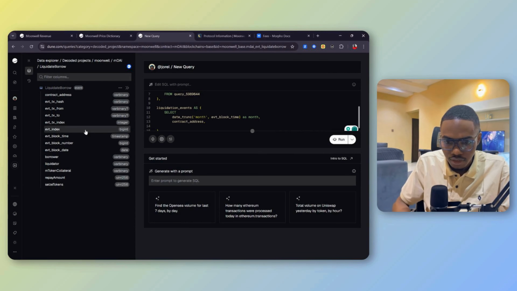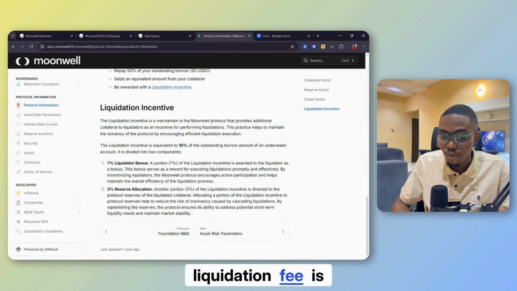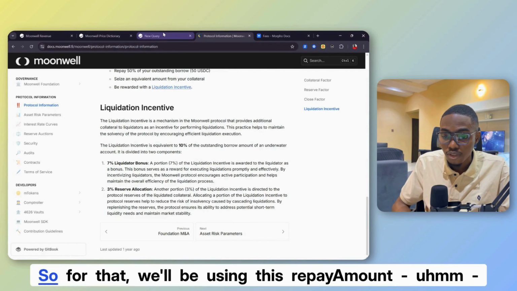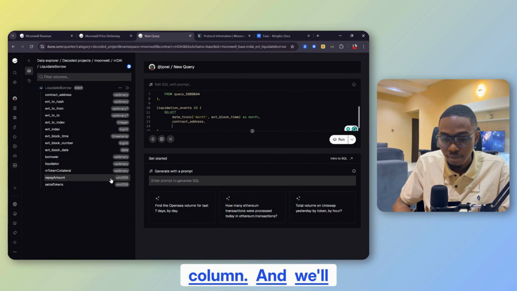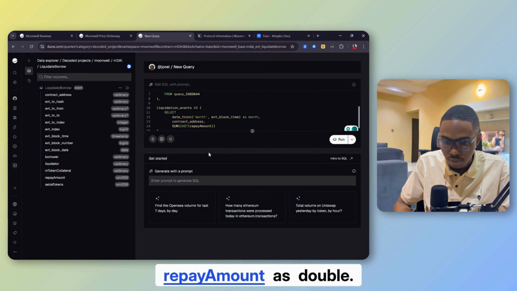Then remember I told you that the liquidation fee is 3% of the outstanding borrow amount. So for that, we'll be using this repay amount, and we'll be summing it up. Sum the repay amounts as double.